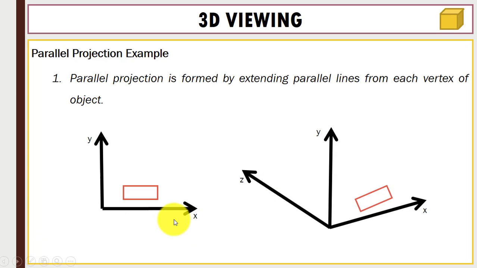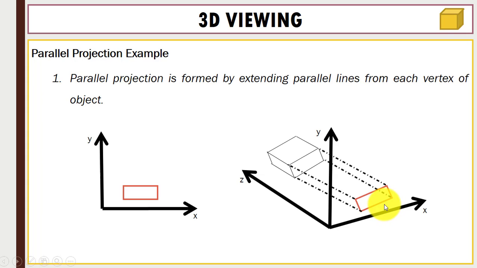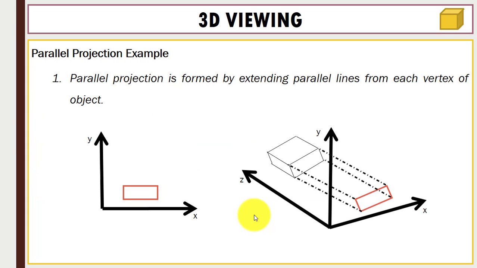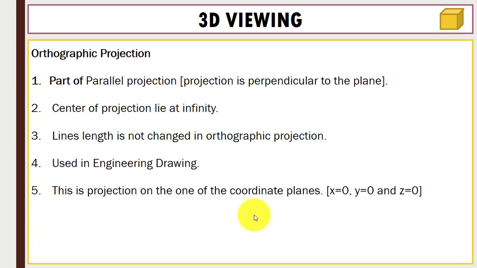When we rotate the object about the x-axis, then the x coordinate remains unchanged, and we perform rotation on the yz plane. So in this case you can see we will do nothing on the x coordinate. You can see lines are projected, and you can form the parallel projection for this object like this. Same we did in engineering drawing. We did a number of experiments like this for different objects.